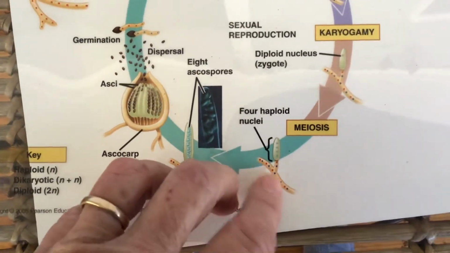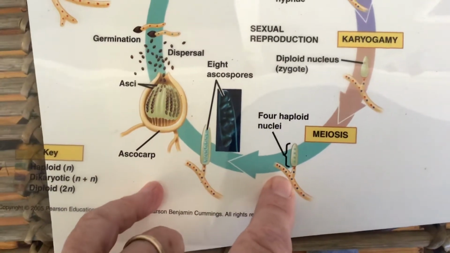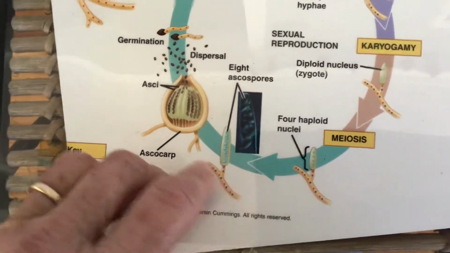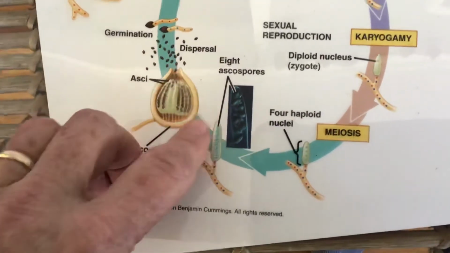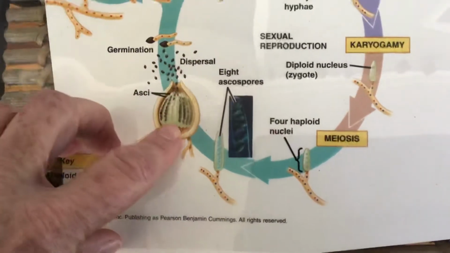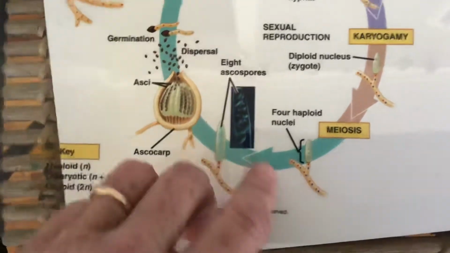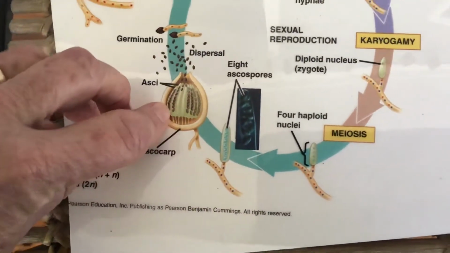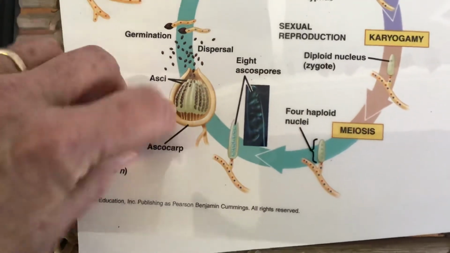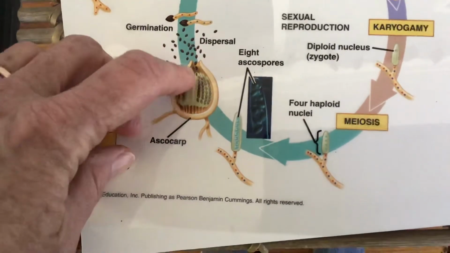So this is the dikaryotic hyphae here, and that hyphae will create this ascocarp, which is the cup. Each one of these dikaryotic structures is going to produce the asci, where karyogamy is occurring and creating 8 ascospores.